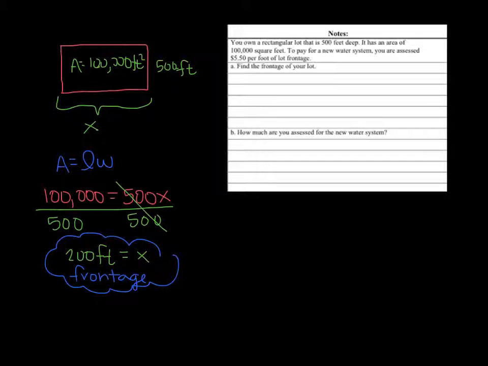So we know that there are 200 feet of frontage, and they're going to charge me $5.50 per foot. So if I just multiply here, I find out that my new water system is going to cost me $1,100.